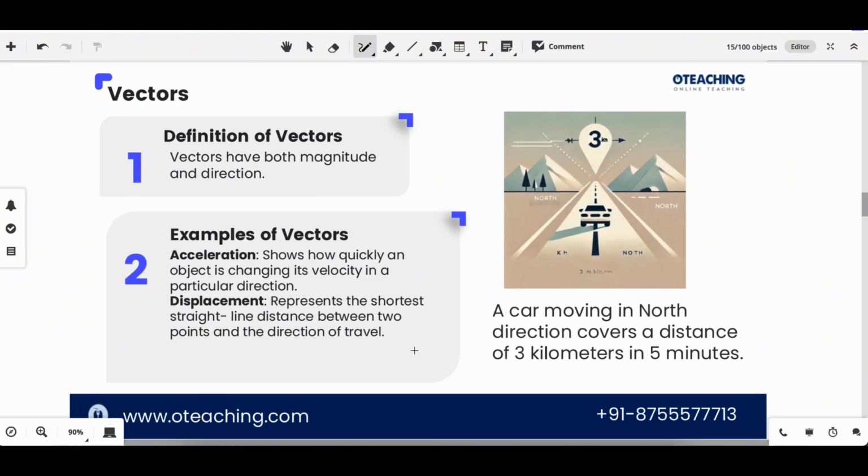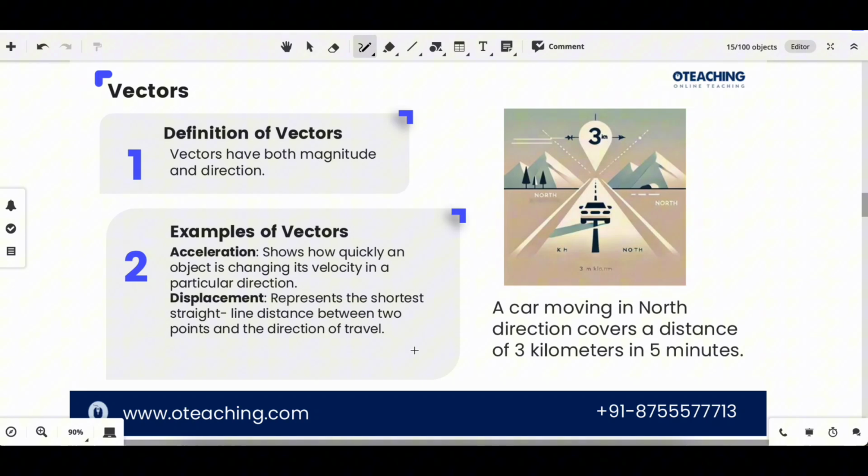Now, let's talk about the next kind of quantity, which is a vector quantity. Do you think that taking only the magnitude will describe a quantity? No, not completely. You want to know the direction. Suppose you are riding a bike and you are moving in this direction. How would I know your position if I don't know your direction?